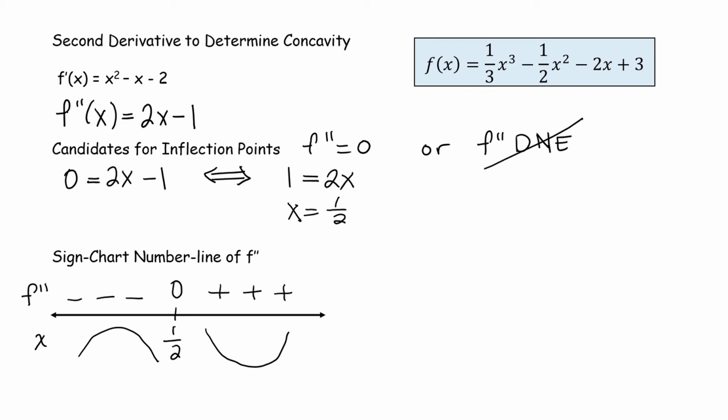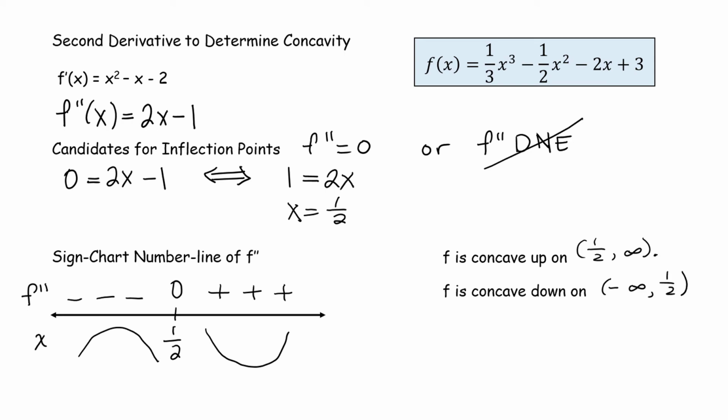We can write f is concave up on the interval from 1/2 to positive infinity, and f is concave down on the interval from negative infinity to 1/2. Since concavity changes directions at 1/2, f has an inflection point at 1/2, f of 1/2.